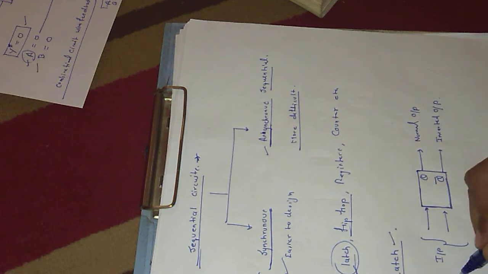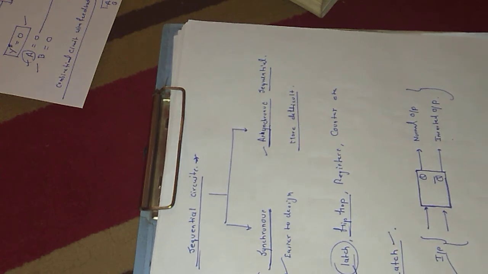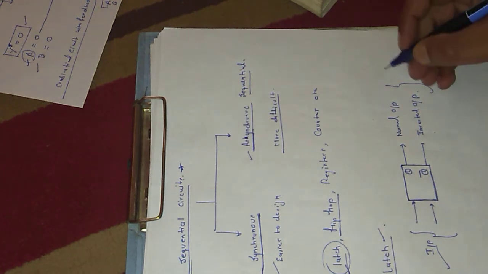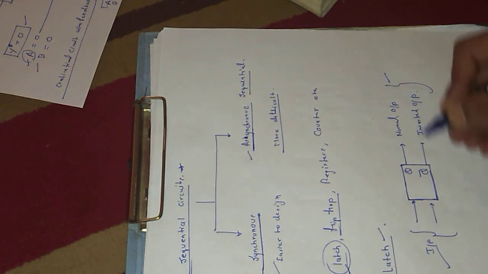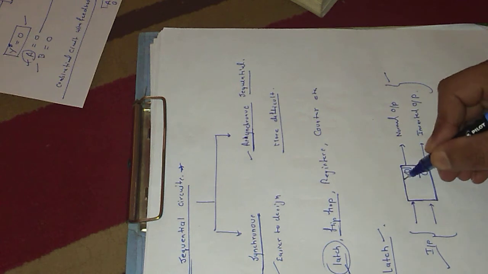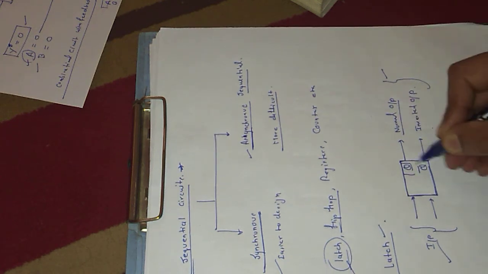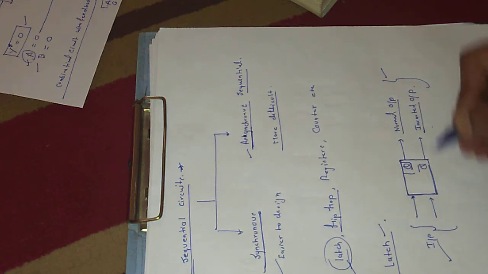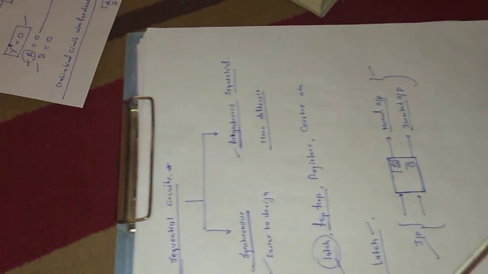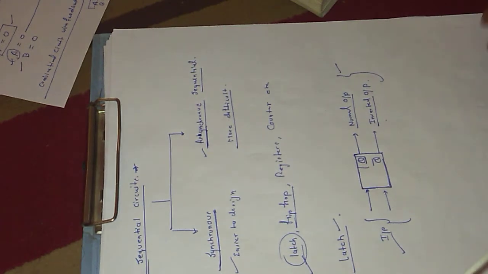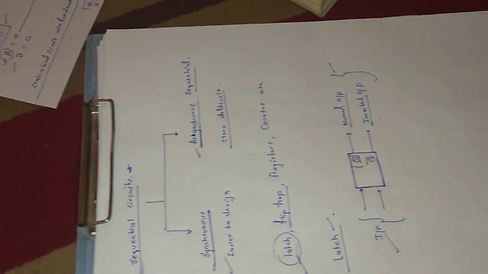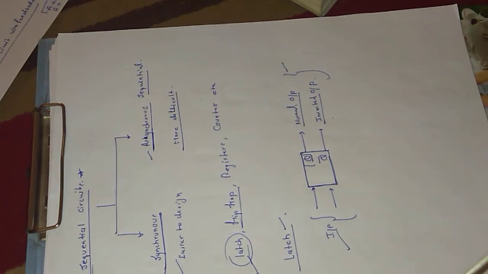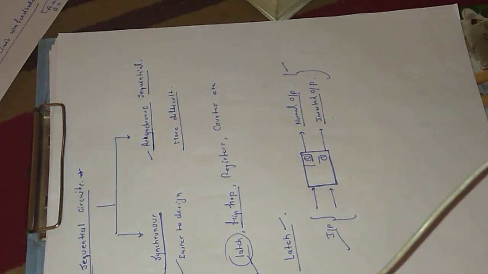There are a number of inputs depending on the different types of arrangements, and there are two outputs. The second is the invert or complement of the normal output. If the normal output is represented by Q, then the inverted output is represented by Q bar or Q dash. So this is the general symbol of a latch.